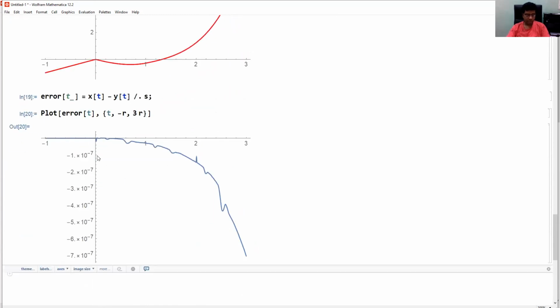Okay, so this is the error function. You can see that the maximum absolute value is 7 into 10 raised to minus 7, which is almost 0. Okay, 10 raised to minus 7 order.